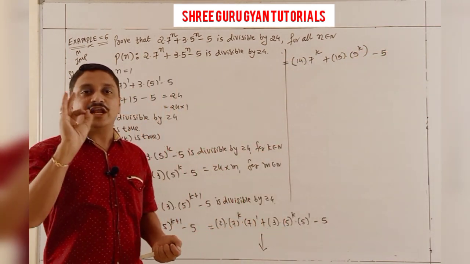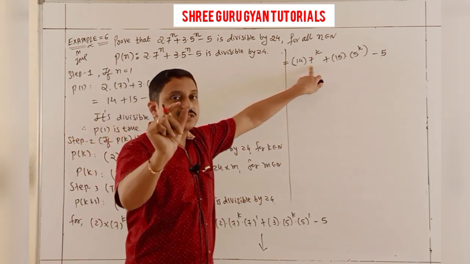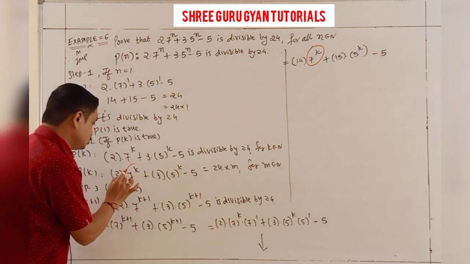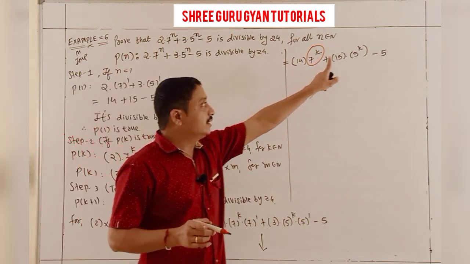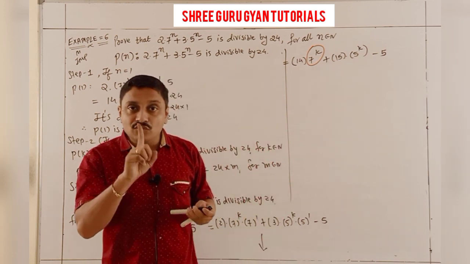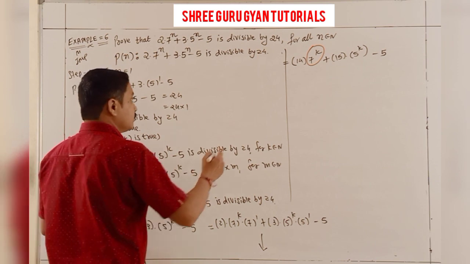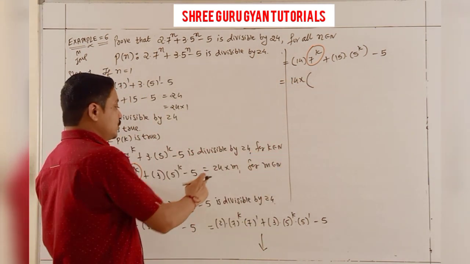Students, now again the same explanation. You put in the value of 7 to the power k from step 2, or 5 raised to k; any one you translate and put the value. So 14 as usual. What is 7 raised to k here?